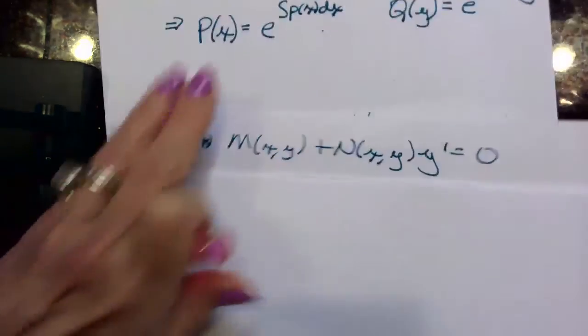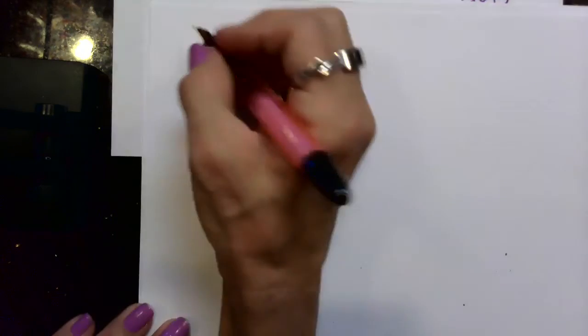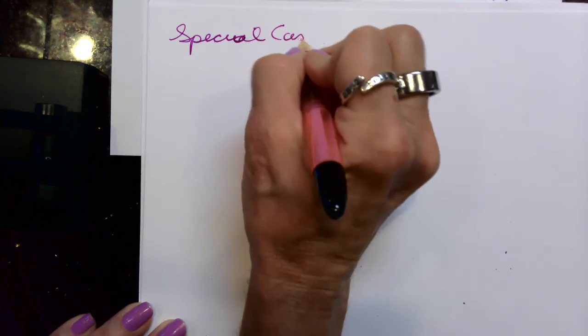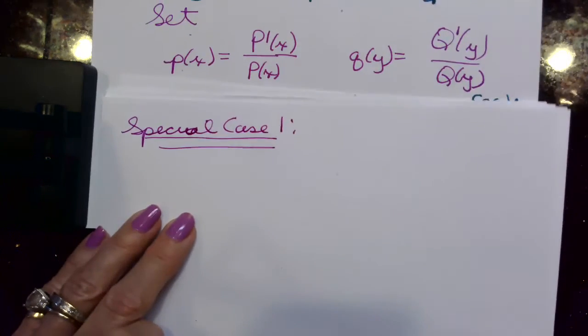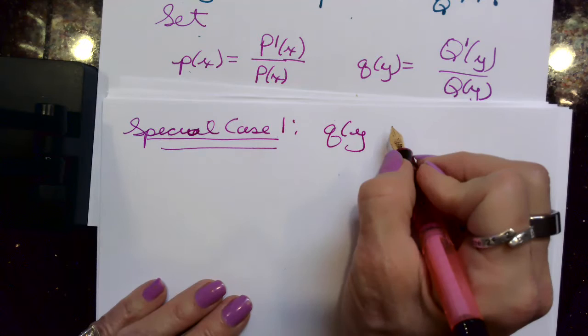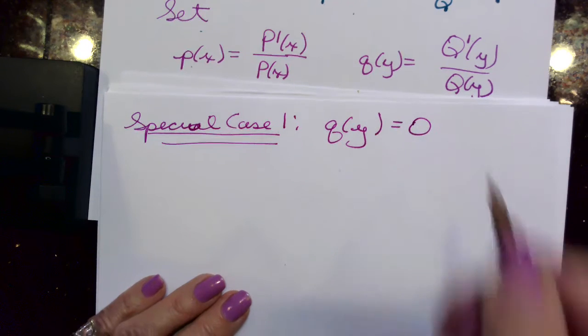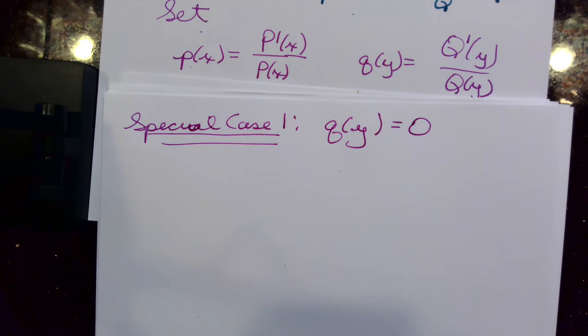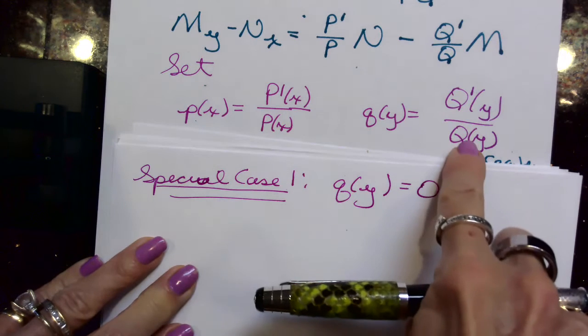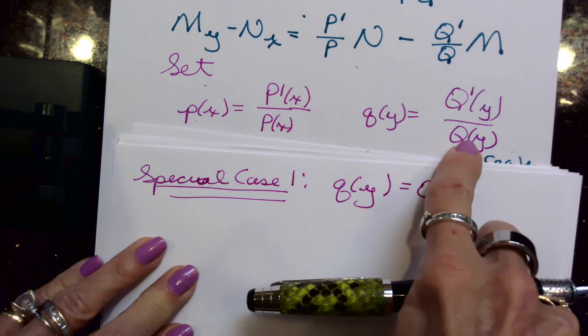So, special case one: little q of y equals 0. Okay. So, man, we don't want to have to keep track of all of that. What does that boil down to then? If you look back, if little q of y is 0, that says capital Q prime over capital Q is 0.